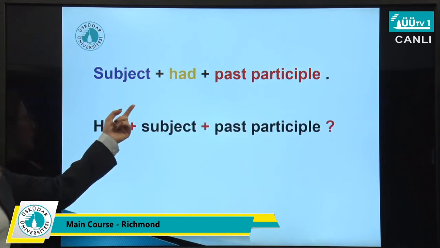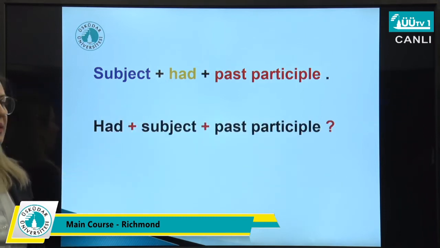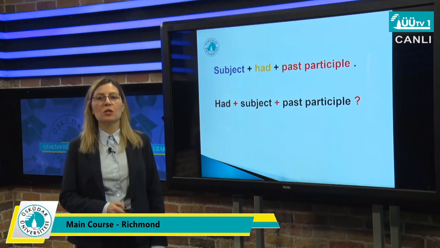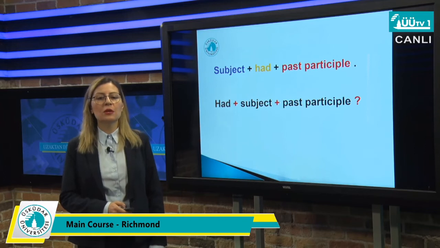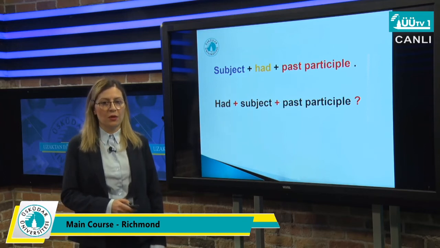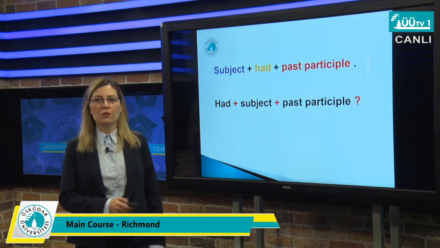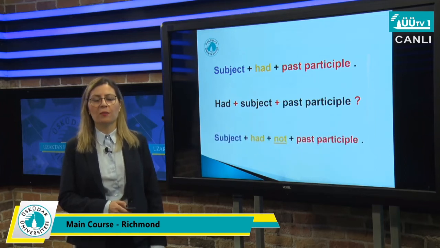The first one was for affirmative, as we call it, positive statements. Now let's go for the question. How to make a question in past perfect: had plus subject plus past participle. Do not forget to use a question mark. Now let's go for the negative form.